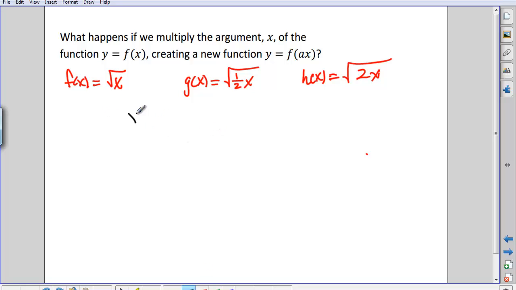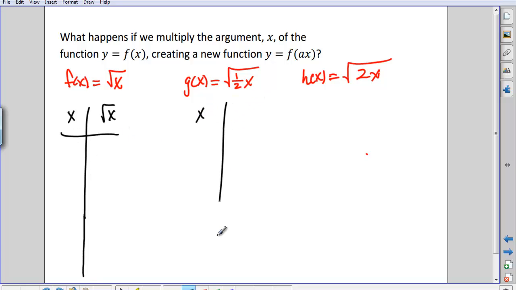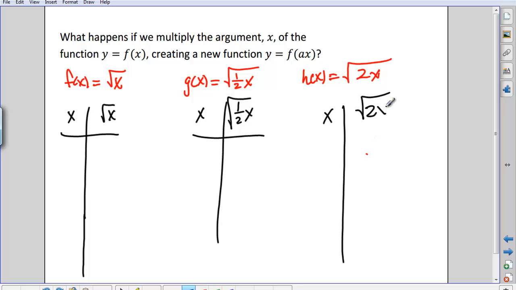Okay, well let's look at some more tables here and just kind of explore this a little bit. I'm going to do a separate table for each one of these. I'm going to say x, square root x, and so 3 different tables.